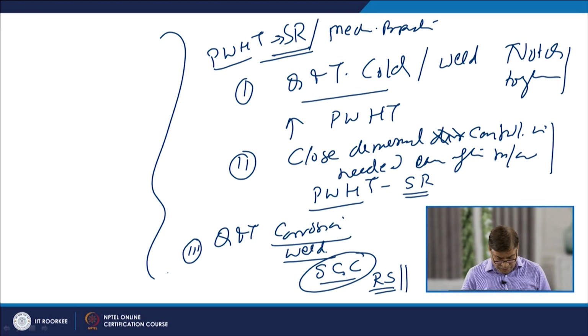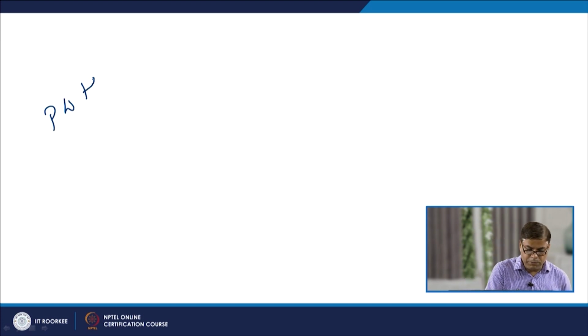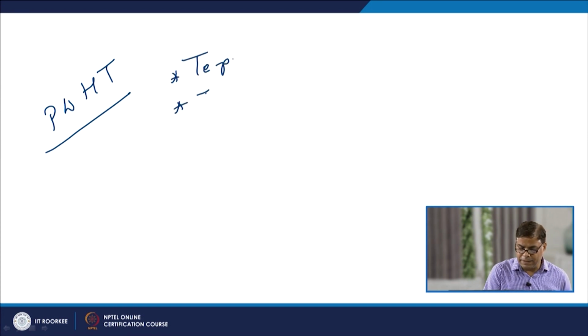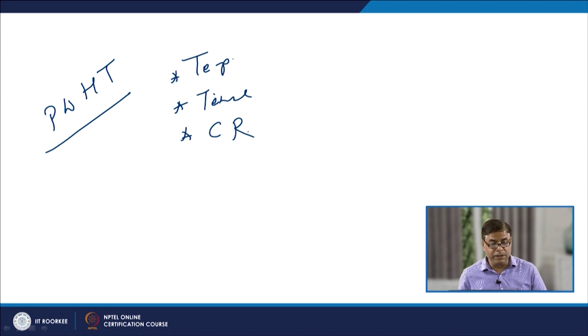And in light of these requirements, if at all we have to perform the post weld heat treatment, then we need to establish the proper soaking temperature, the time of exposure, and after exposure the kind of cooling rate which will be imposed.